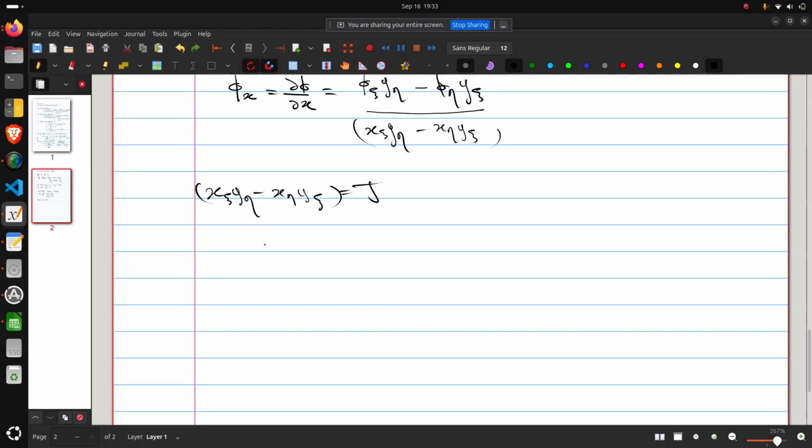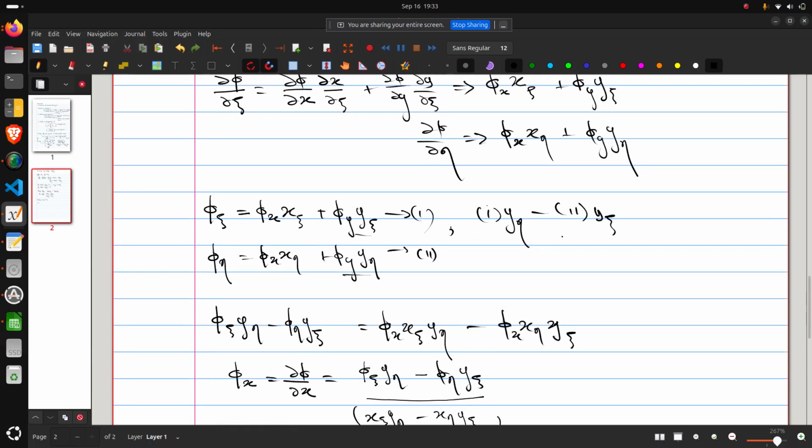Now we can do the same thing for dou phi dou y also, where we will have to eliminate the dou phi dou x term, and for that we will have to multiply equation 1 with x eta minus equation 2 with x psi.